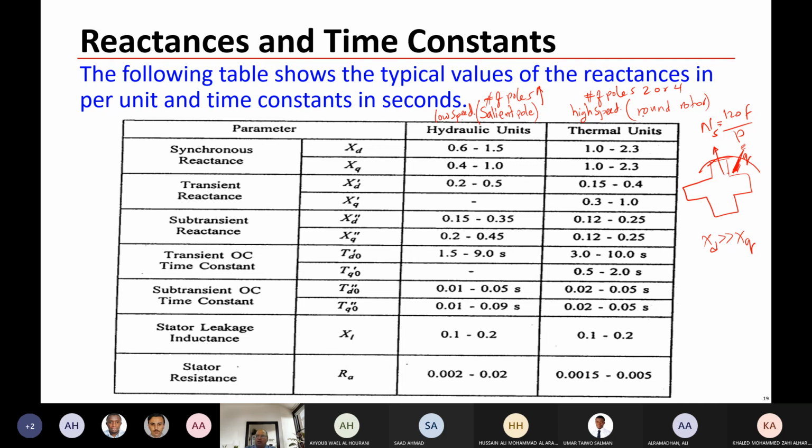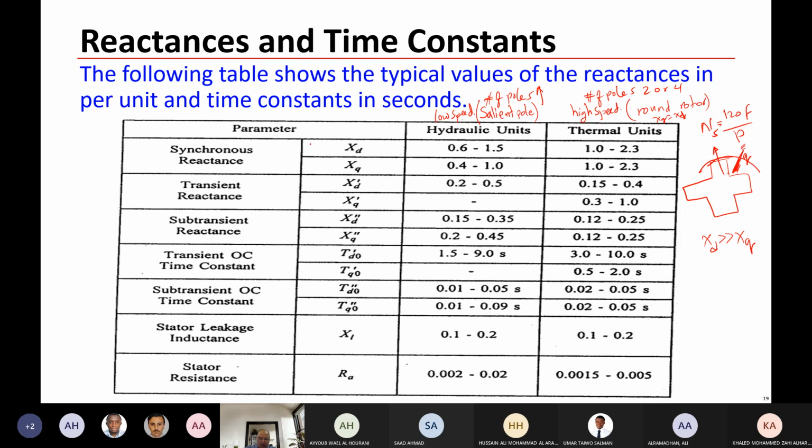For the thermal units, we have round rotor. The air gap is almost constant, and you can expect XD approximately equal to XQ. So you can see here the typical values of XD, XQ, XD prime, XQ prime, subtransient reactances, transient time constants, subtransient time constants, leakage reactance, and armature resistance.